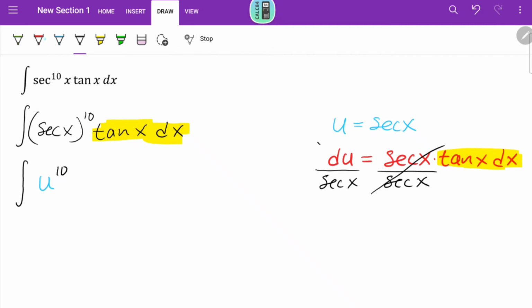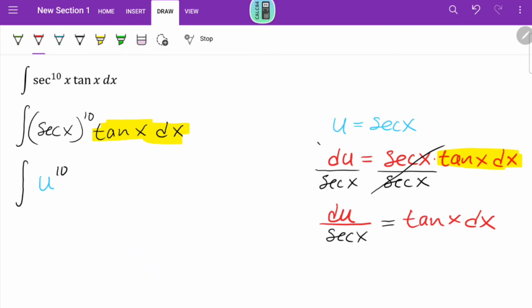This simplifies. So we have du over secant of x. Keep that in black. And this is going to equal tangent of x dx.